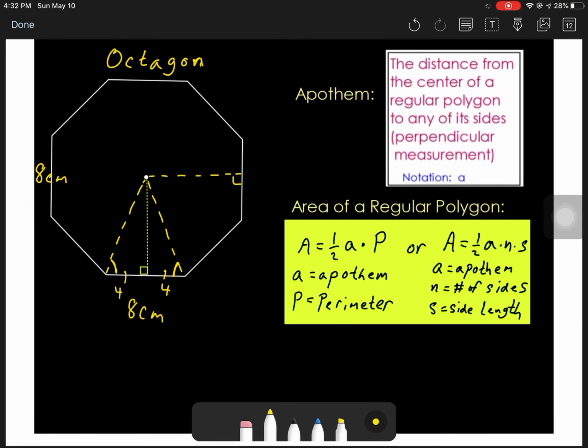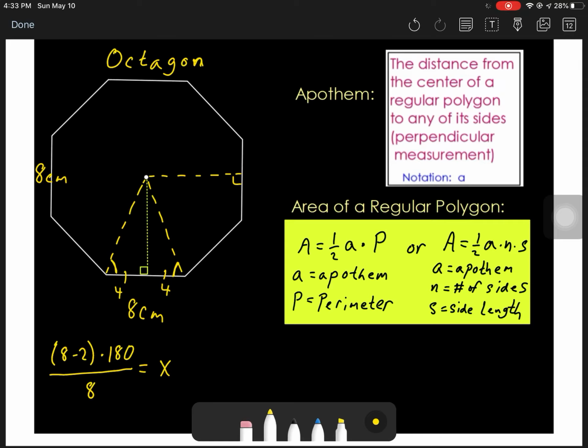The way we do this is what we learned last week, which is we need to find the interior angle measure. So that formula is n minus 2 times 180 divided by n equals the interior angle measure. I'm just going to call that x for now. Our n in this case, since it's an octagon, is 8.